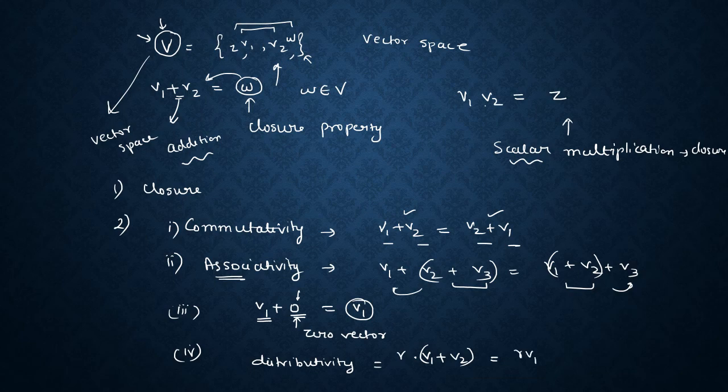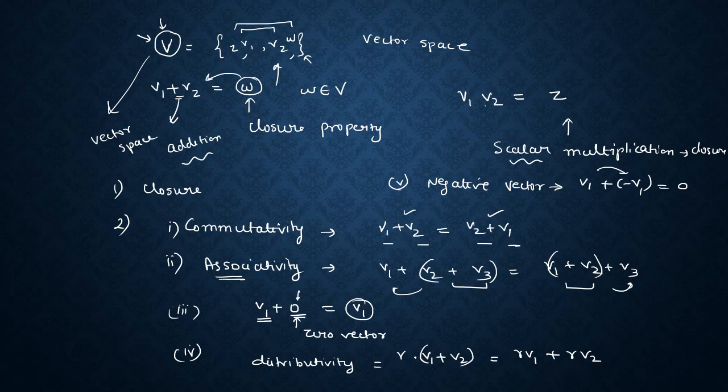So you can distribute it like this, right? There must be an additive inverse, that means a negative vector. This is the fifth rule which a vector space follows. So negative vector means if you have an element, you should have another number which will be the negative of this, which will give you 0.